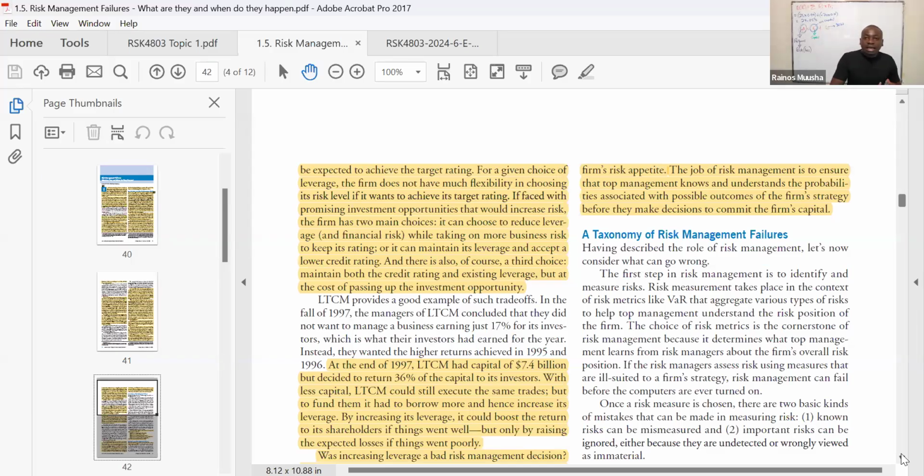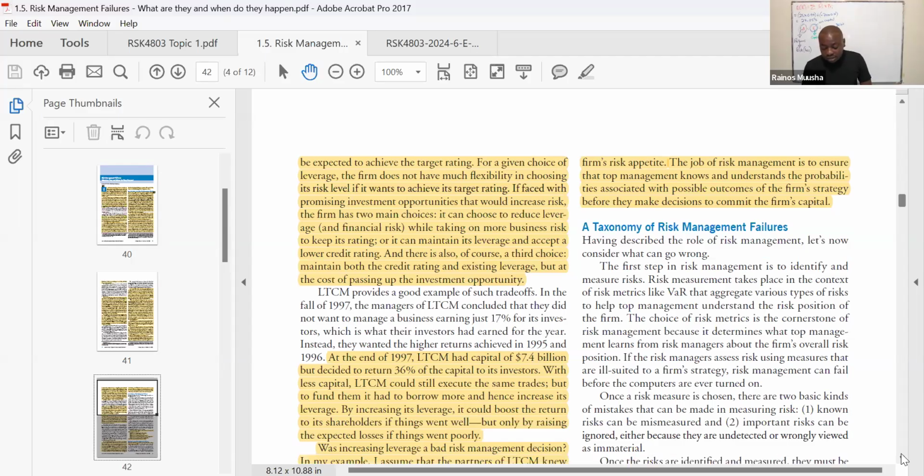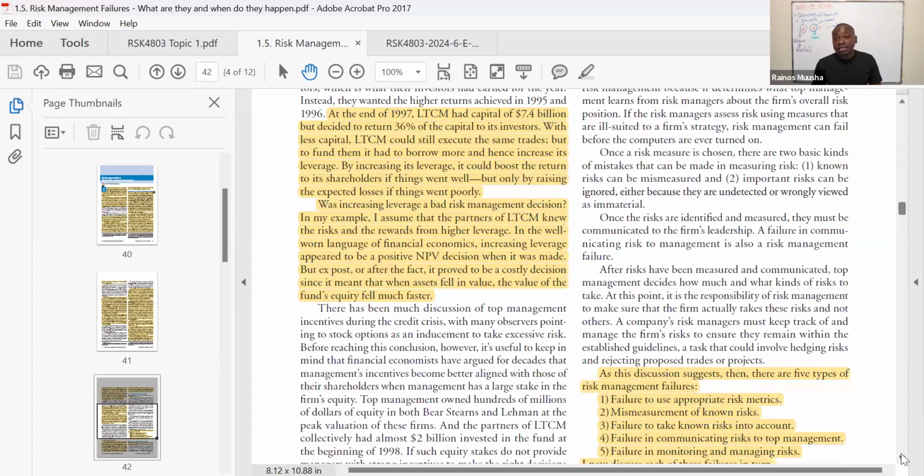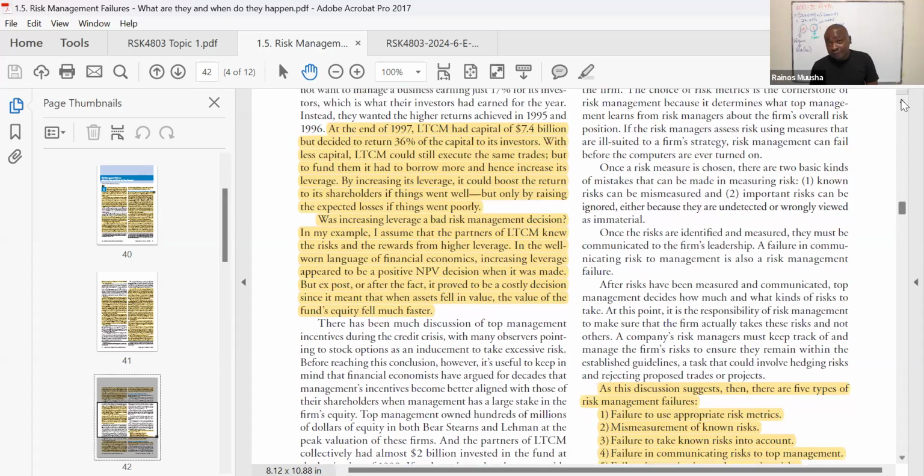So that's basically a rundown of exactly what we saw happening when it comes to LTCM, right? So can we take a 10 minute break until 9:50? Then at 9:50, we look at risk management failures and see exactly how they relate to the case study of LTCM.